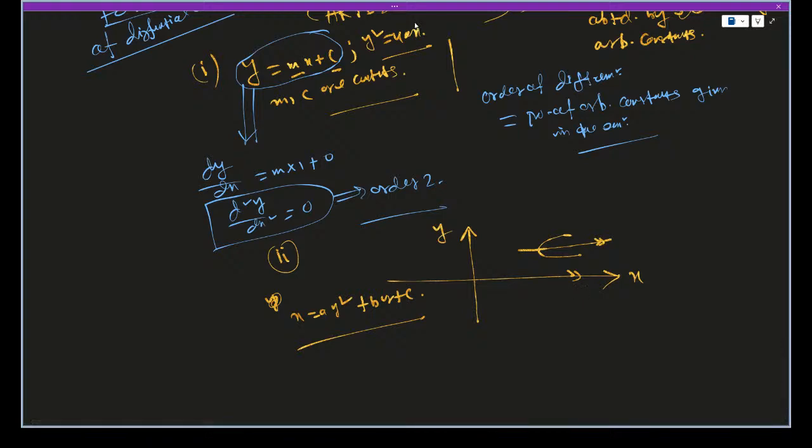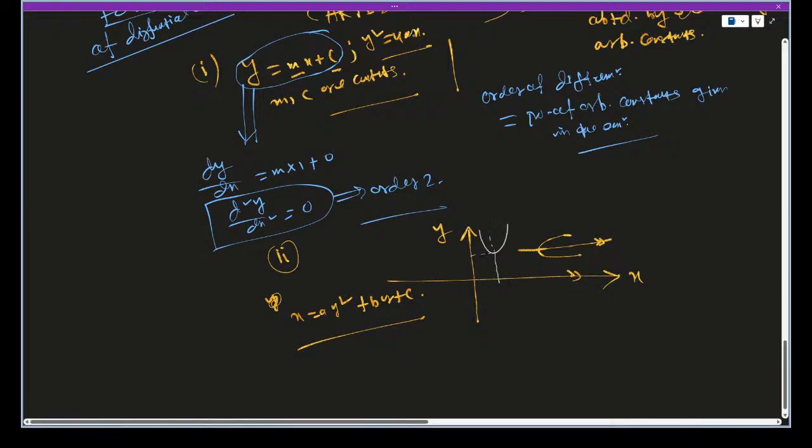If it was of this form, y equal to ax square plus bx plus c, then you could have written it like this. Shifting of origin you have understood by using that concept only.